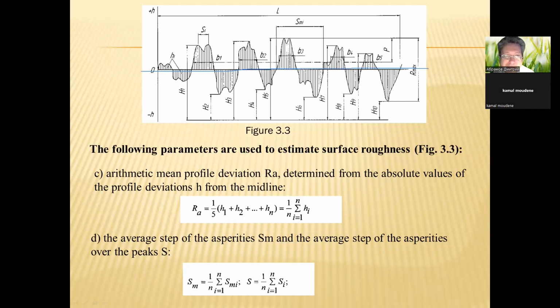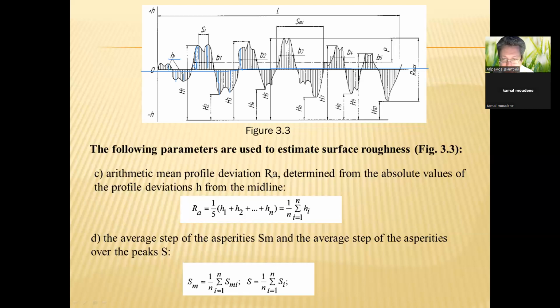It's the midline, and small h and big H. For the first peak, H1, no, you can see H1 like this. H1, H2, H3, H4, H5, H6, H7, 8, 9, and etc. So you can have many H's, many values of H.